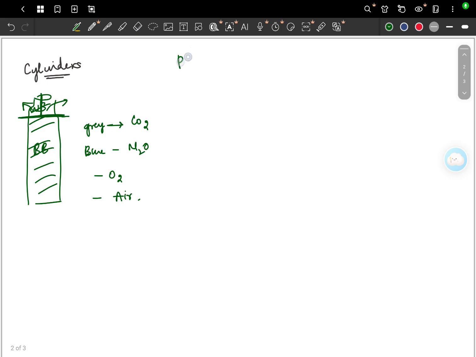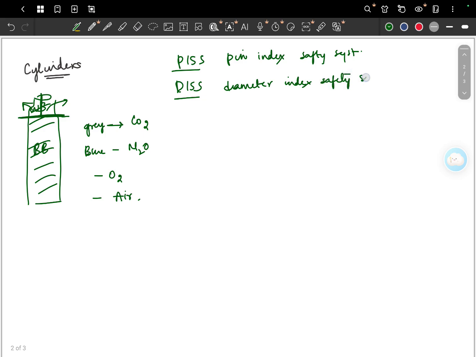Now we have this and this. So this is the pin index safety system, and this will be the diameter index safety system.